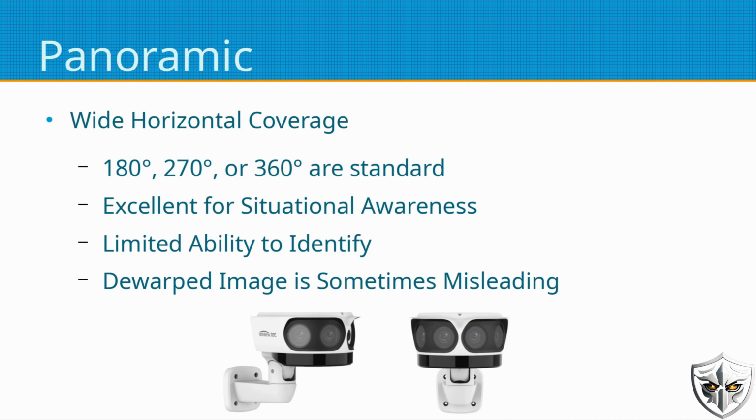The sidewalk is perfectly straight, but in the camera, it looks like the sidewalk is curved because of the de-warping. And sometimes it also means that curved lines look straight. But if you're just looking for coverage of a large area, these are fantastic. You don't have to run one cable to them. They typically only take one license on the recorder, even though they bring back multiple fields of view.